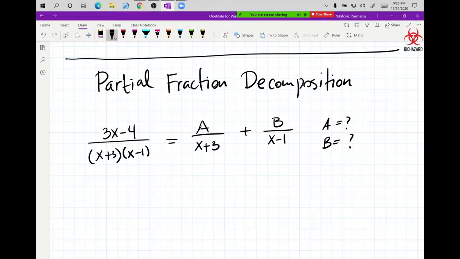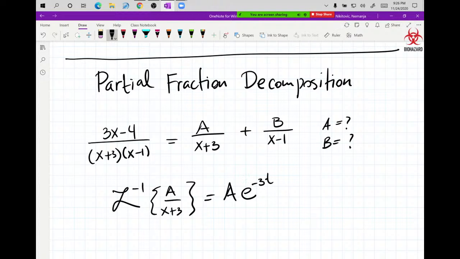Now, why do you want that? Well, you want that because each one of these, when you do the inverse Laplace of A over x plus 3, is going to be, if you paid attention, A e to the negative 3t.